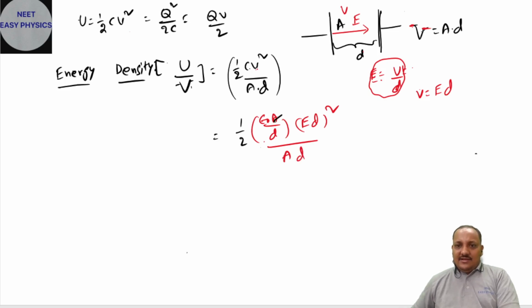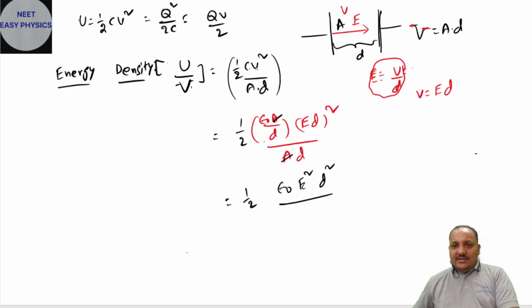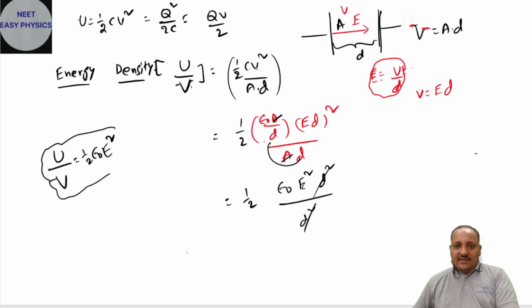Now this area and this area are going to be cancelled, correct? What is remaining? Half epsilon naught E square d square by d into d square. If these cancel, now energy density you can see is half epsilon naught E square. This is the energy density formula.